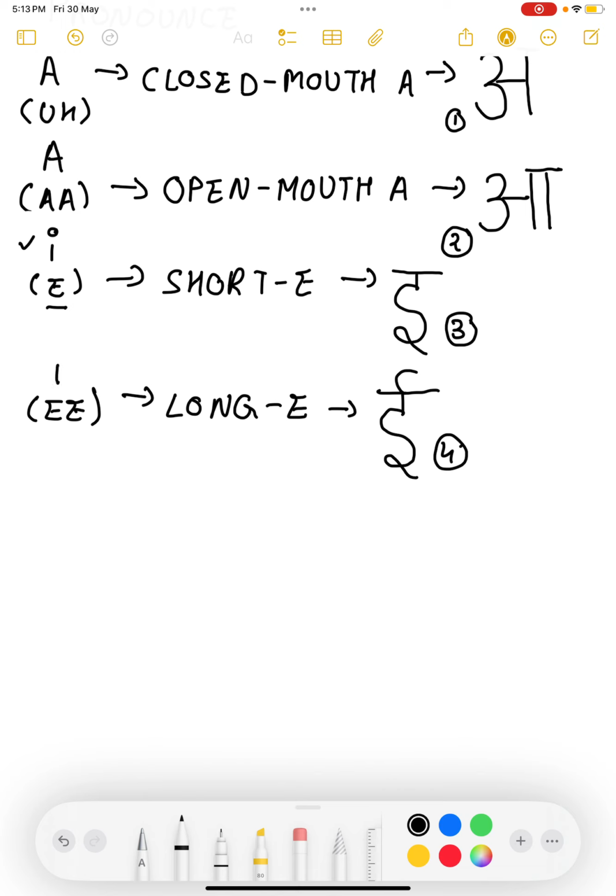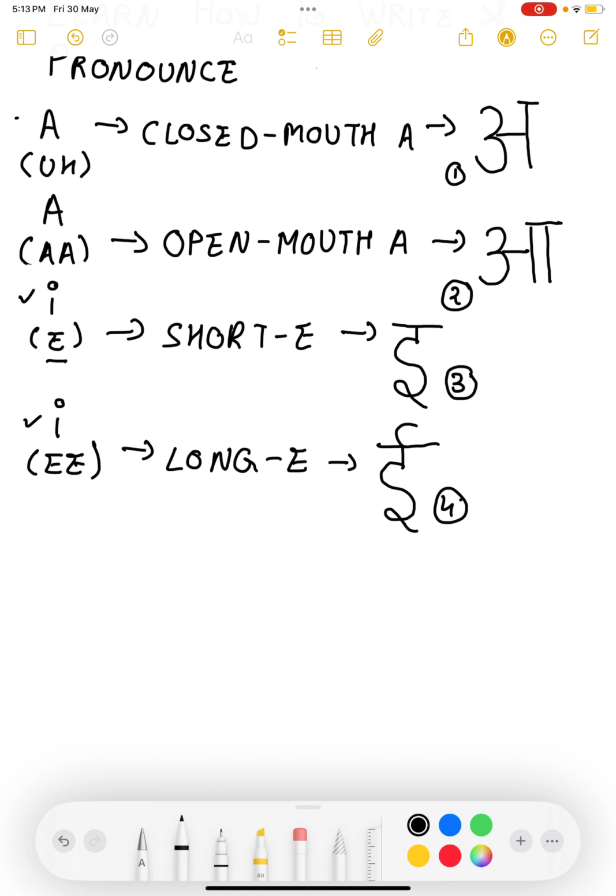To write down this particular sound or vowel in English letters, we again use the letter I. For this sound, long E, we also use I. Like in the first two, you saw that we are using the letter A to write down A and A. Similarly, we are using the letter I to note down the third and fourth vowel.